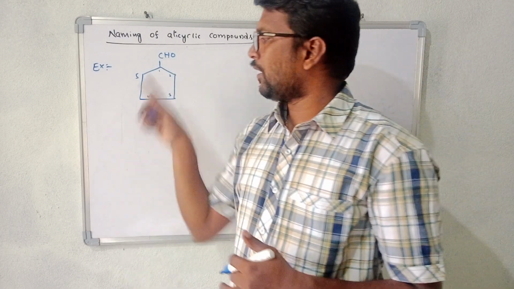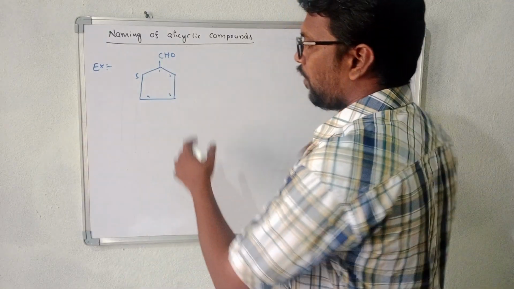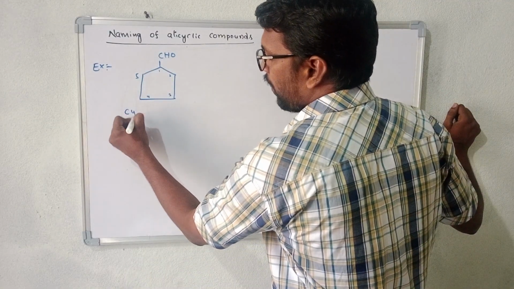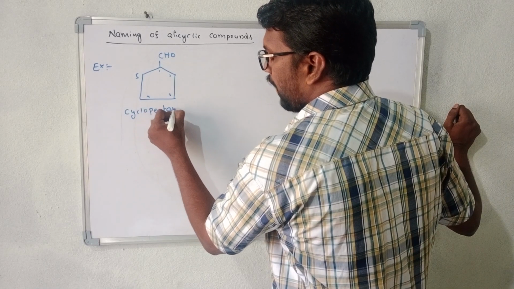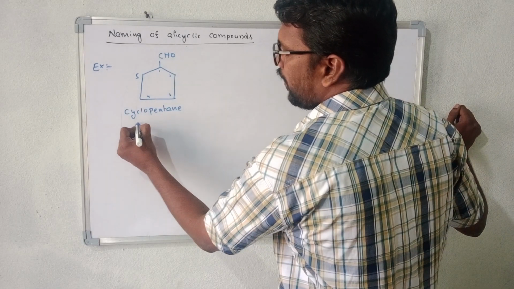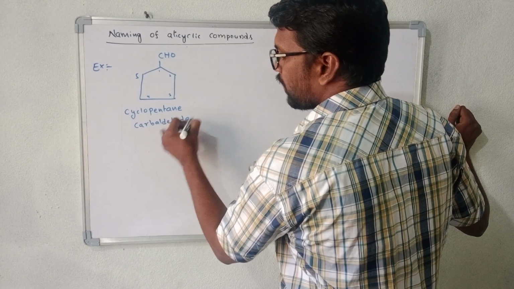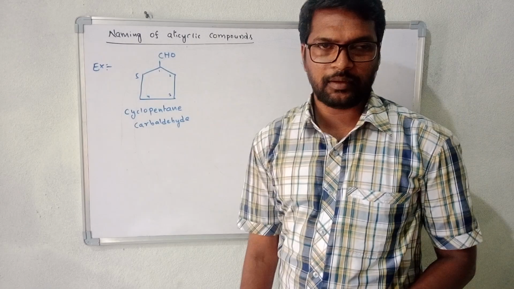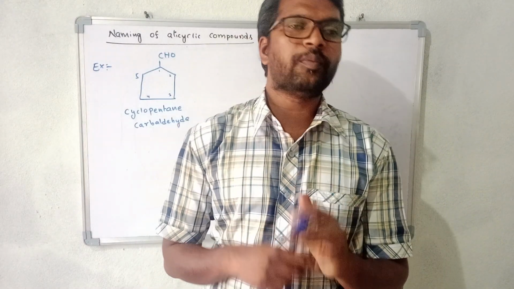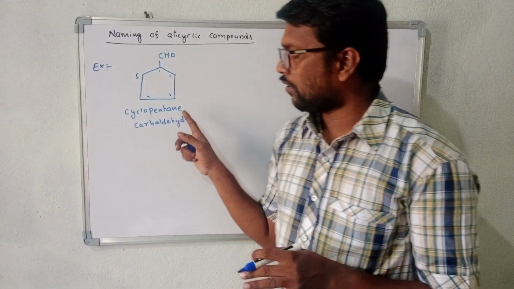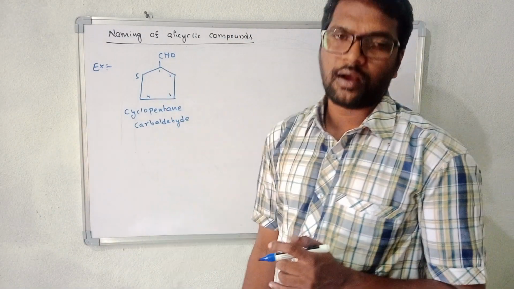So whenever that is the case, this carbon is not included in the total number. So total 5 carbons means cyclopentane, and CHO indicates carbaldehyde. So its name is cyclopentanecarbaldehyde. That means when a functional group containing a carbon atom is directly attached to the ring, that carbon will not be counted here. We write about it separately. So CHO indicates carbaldehyde.